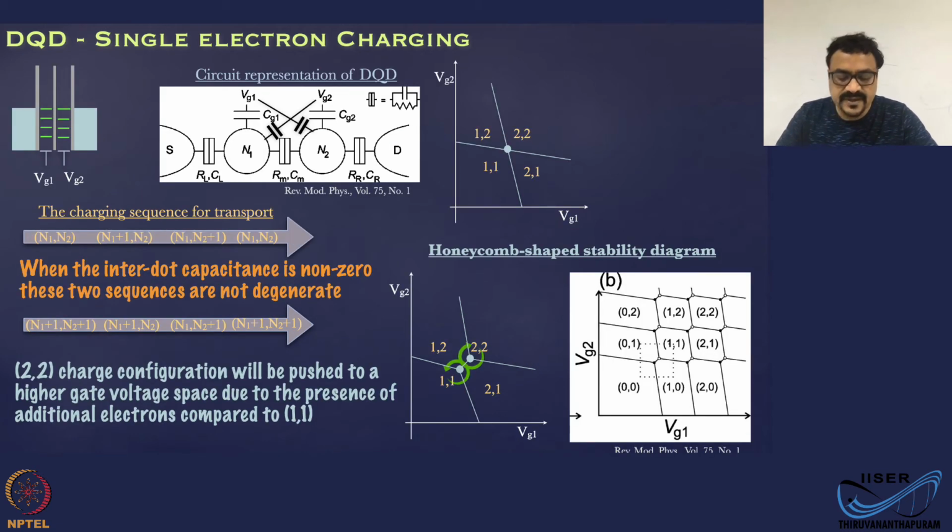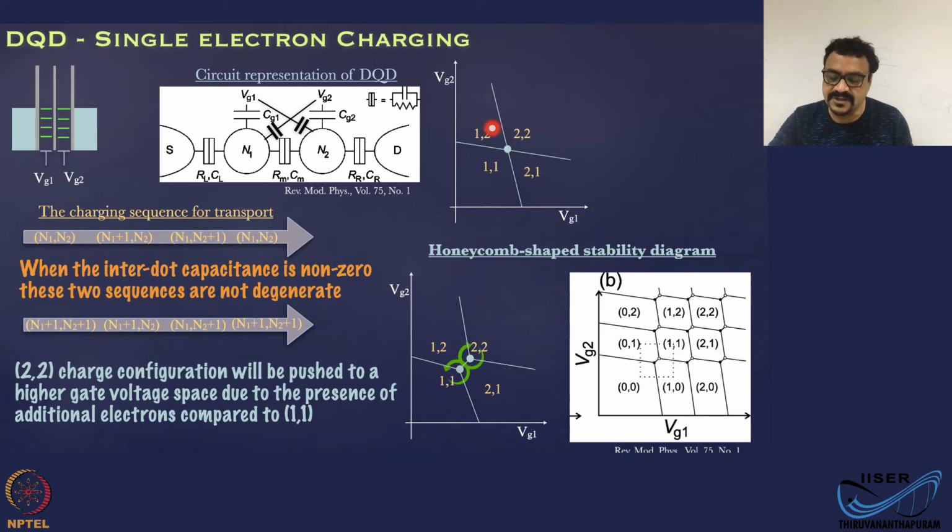Now let's look at the real situation where you have both the interdot capacitance and the gate capacitance and cross gate capacitance non-zero. That means all these capacitances shown in this diagram are there. So previously I had this situation where the charging lines for dot 1, dot 2 are actually not perpendicular, but they are tilted.